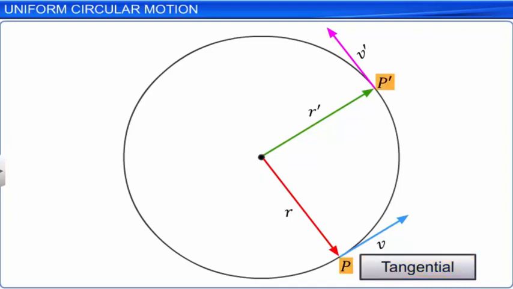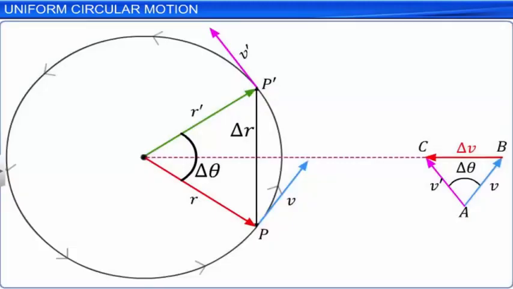The change in velocity delta v is obtained by using the triangle law of vector addition. v and r as well as v' and r' are perpendicular to each other, as v and v' are tangential to the circle, and r and r' are the radii of the circle. Therefore, delta v is perpendicular to delta r.